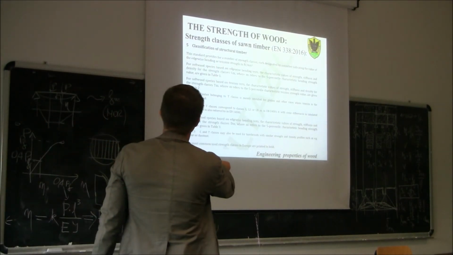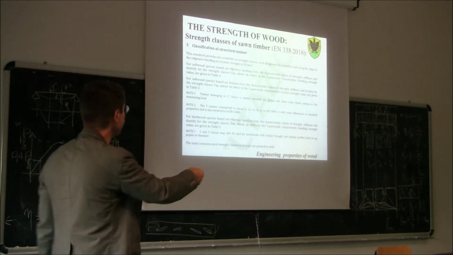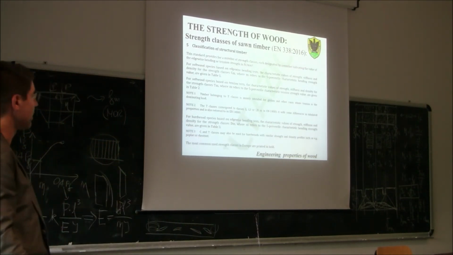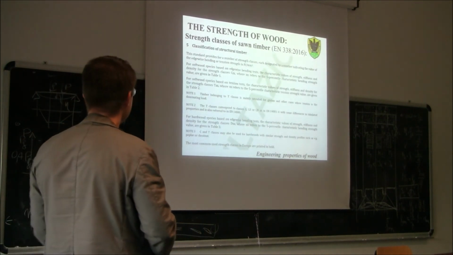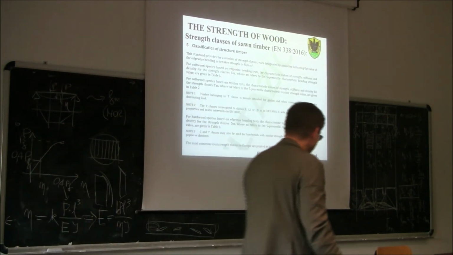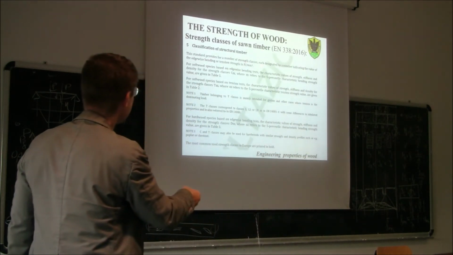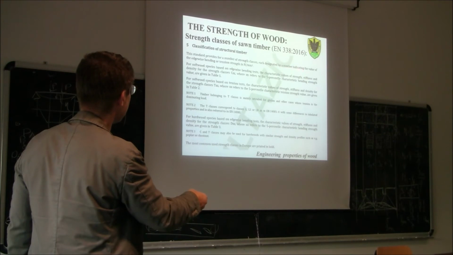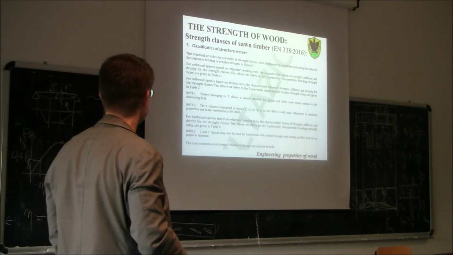So, strength classes of timber. There is a regulation, EN 338 of 2016. This is a European regulation which provides for a number of strength classes, each designated by a number indicating the value of edgewise bending or tension strength in Newton per square millimeter.